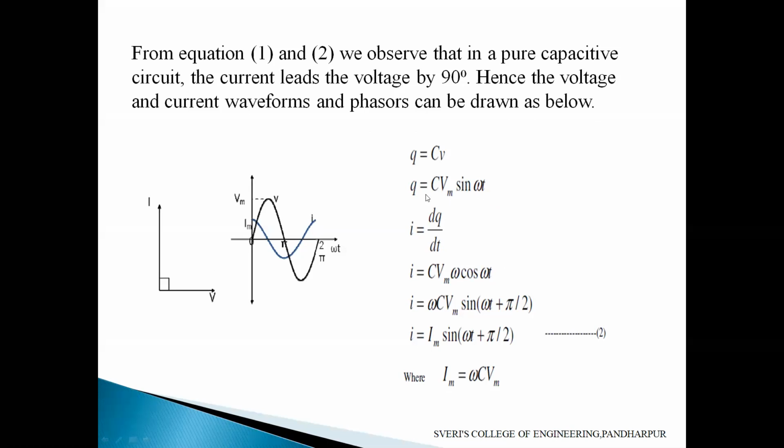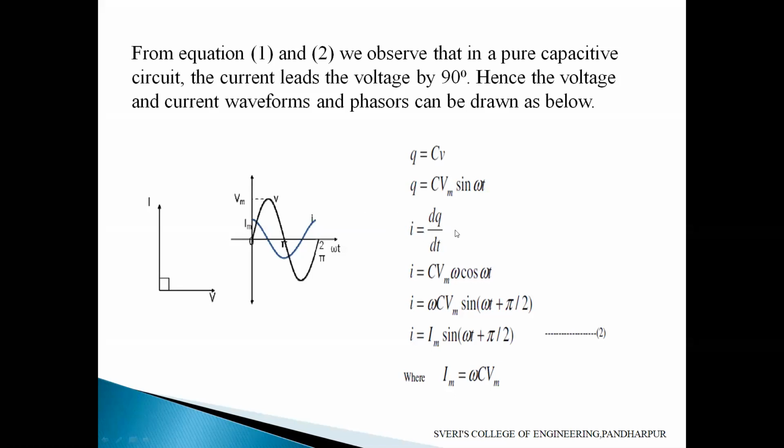For the capacitive circuit, the electric current is the rate of change of charge. So I equal to dq by dt. The current flowing in a pure capacitive circuit is the rate of change of charge.